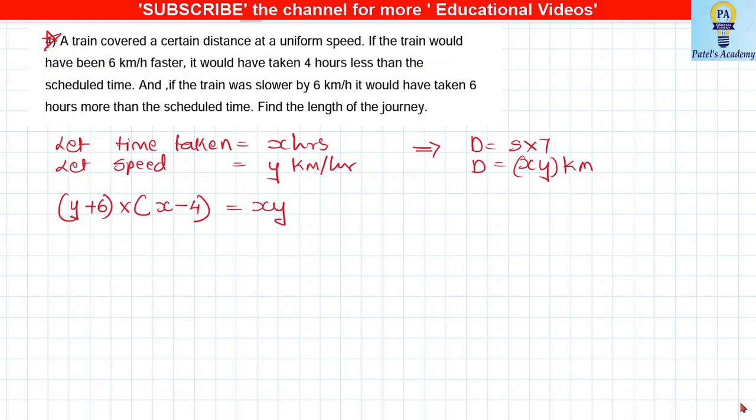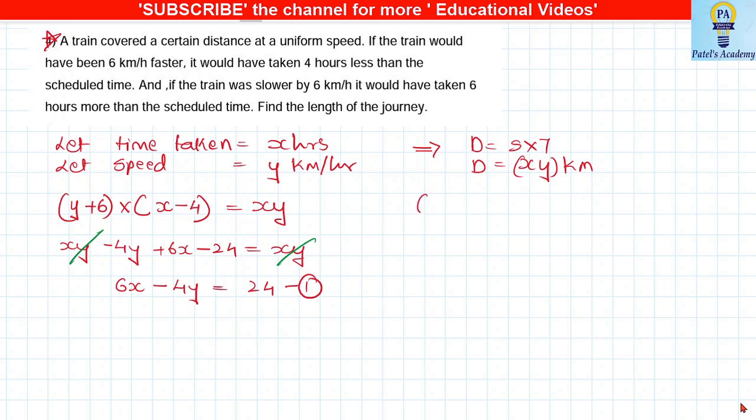Now when I open the bracket, what I'll get is xy minus 4y plus 6x minus 24 equals xy. xy will cancel from either side. So now I'm directly writing in the standard form, 6x minus 4y equals 24. Students, I know that this particular equation is divisible by 2, but I'll keep it as it is because let's see the next one.